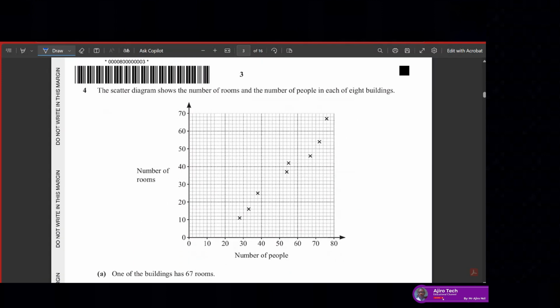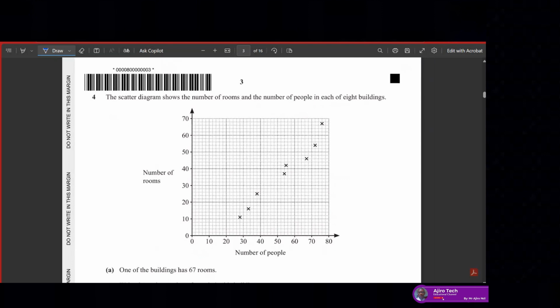So the next question. Have you heard of scattered graph before? Yes. I think I did it in school. I think I still have the paper of it. So a scattered graph shows relationship between two things, right?